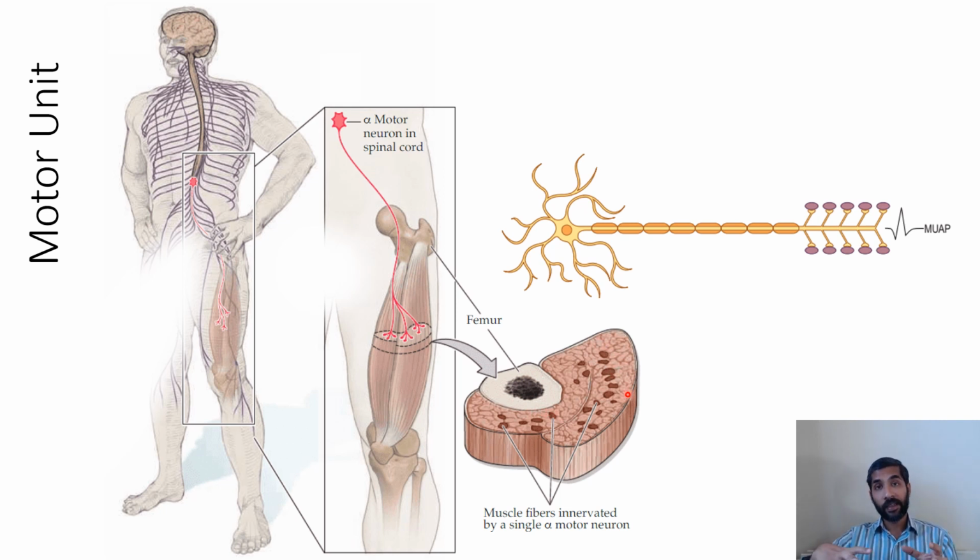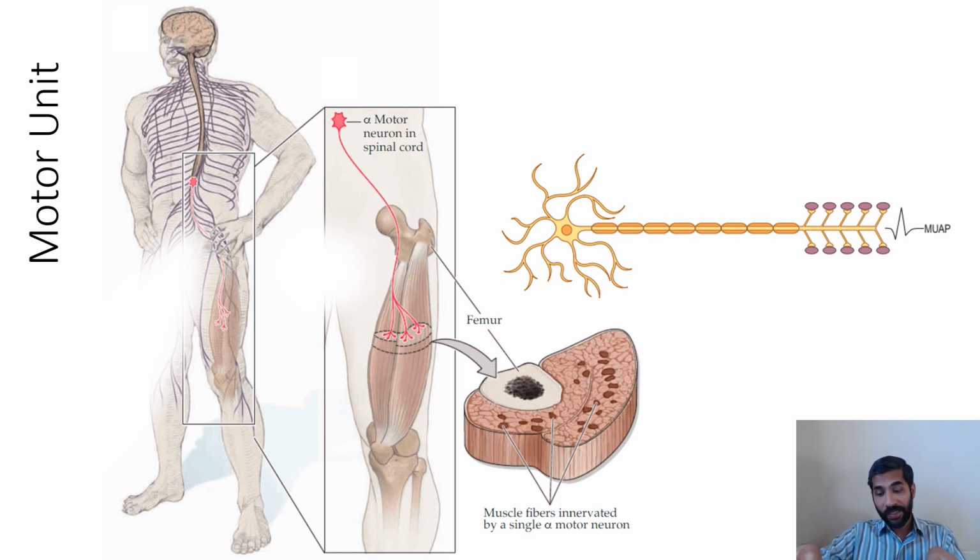And therefore, when this motor neuron has a signal in it, or let's say we stimulate it, or let's say the brain sends a signal and there's an action potential traveling through this neuron, many fibers in the muscle are going to be activated at the same time.